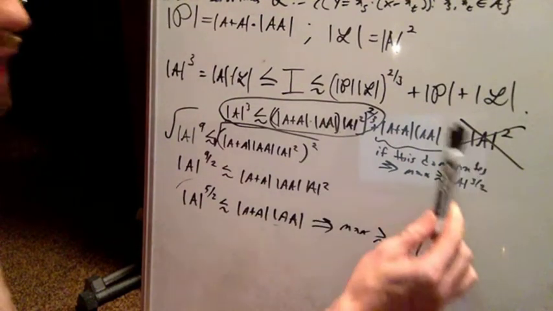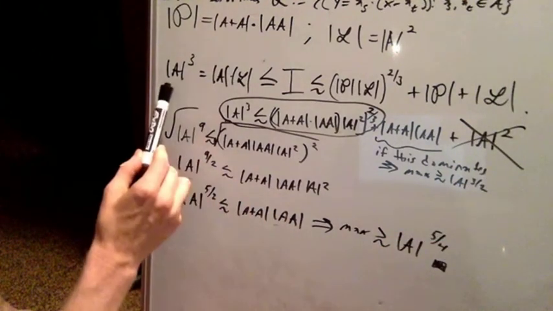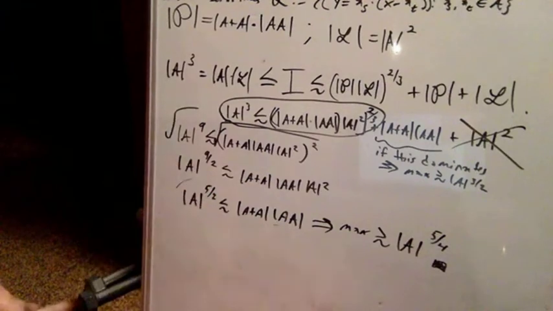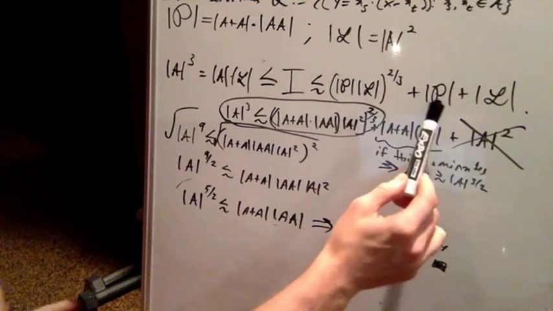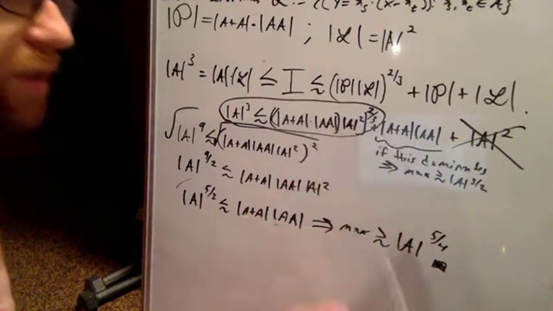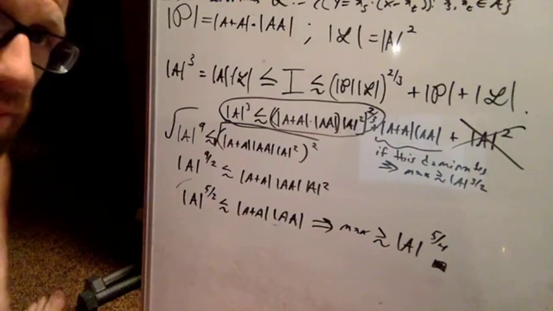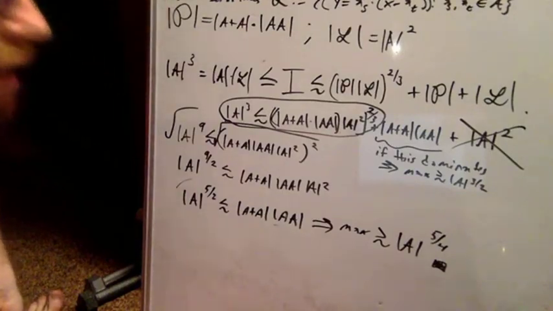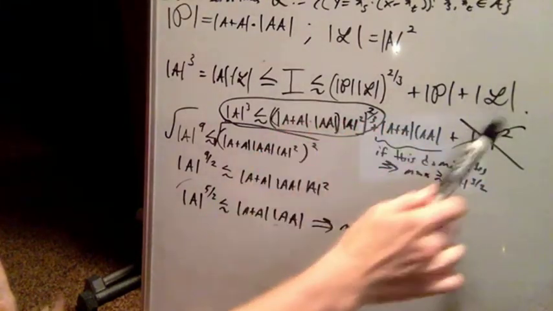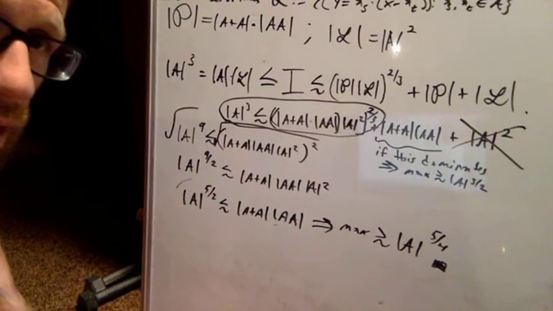And we notice that the number of lines is the size of A squared, and that's not going to dominate the size of A cubed. So that term goes away. The number of points is the size of the sum set times the size of the product set. And if, in some really nice setting, that was to be the dominant term on this right-hand side, then we would already be doing better than we thought, right?